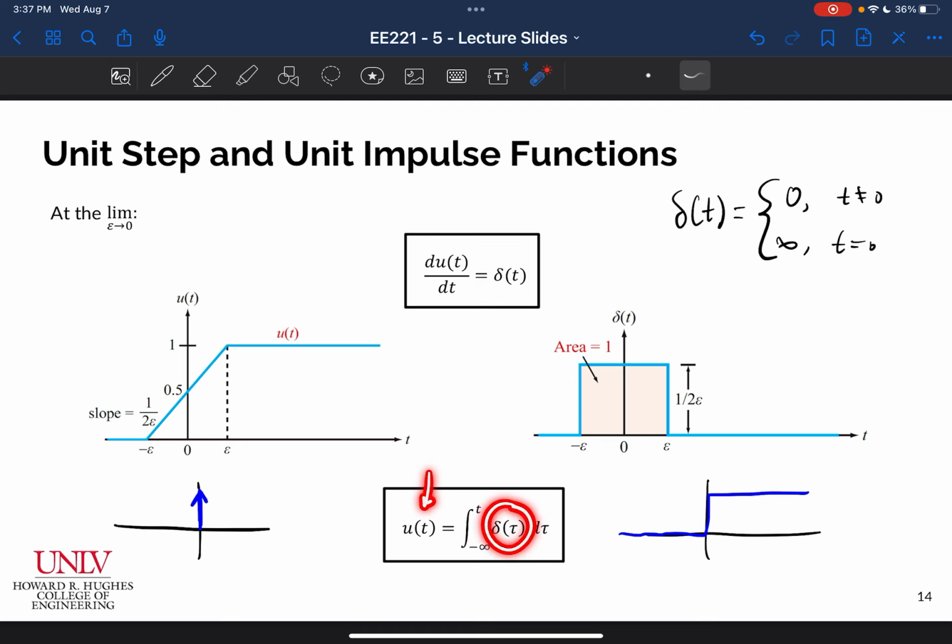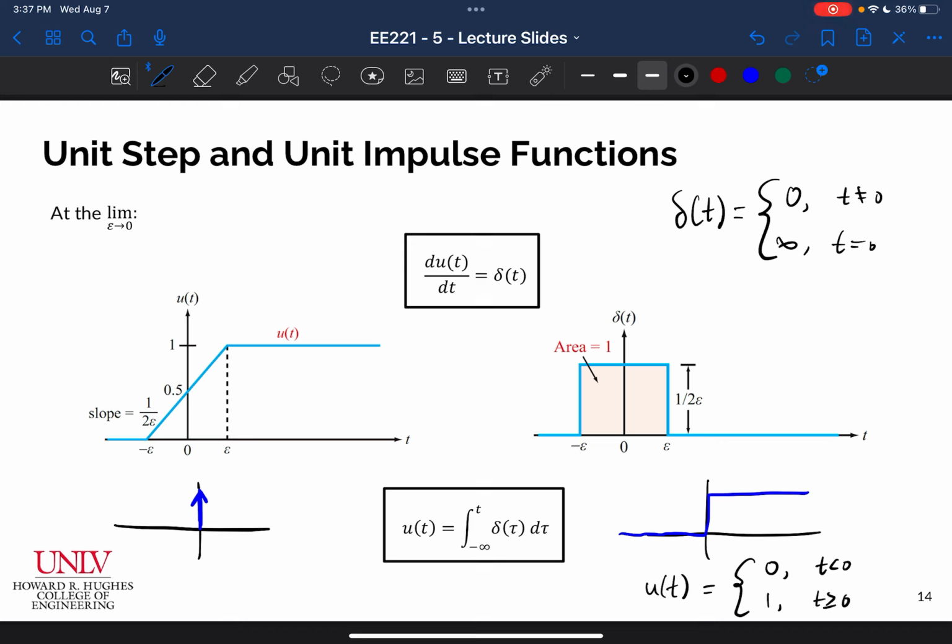If we take the integral of this, we basically get u of t is equal to 0 for t less than 0 and 1 for t greater than or equal to 0.